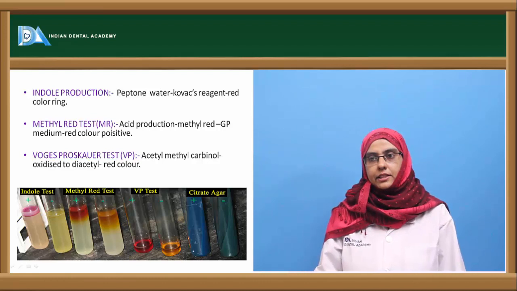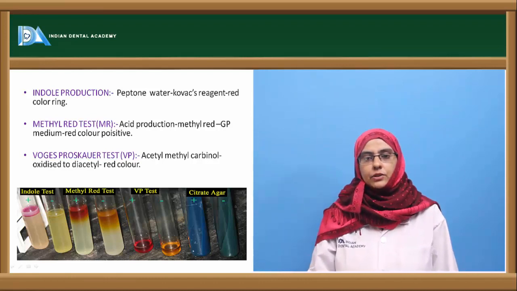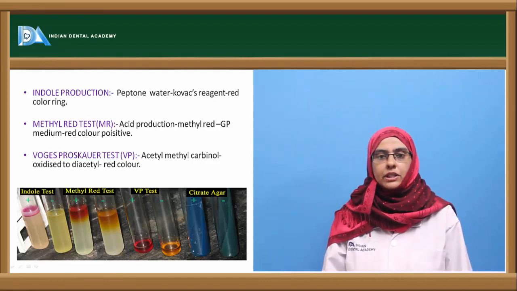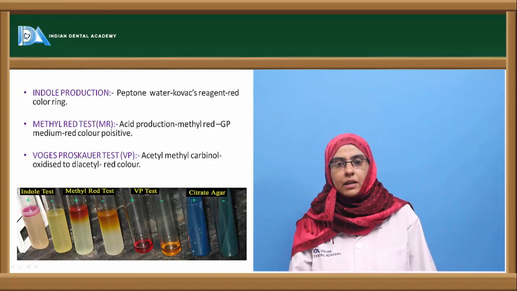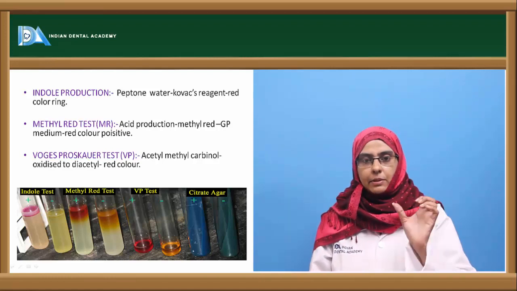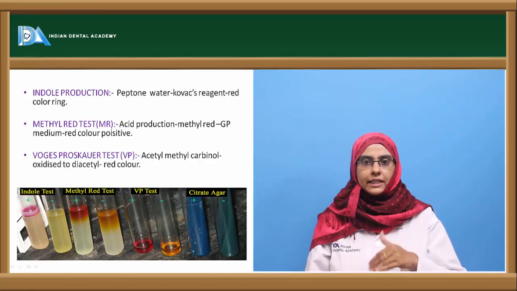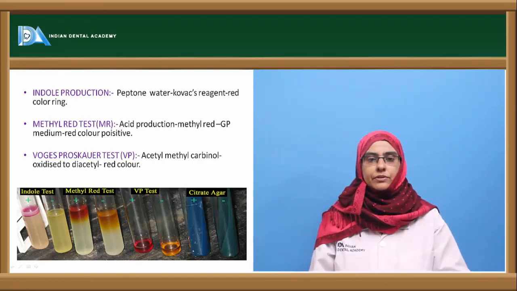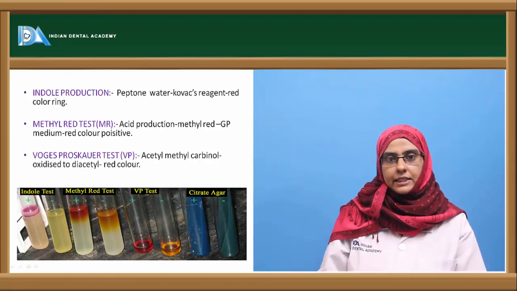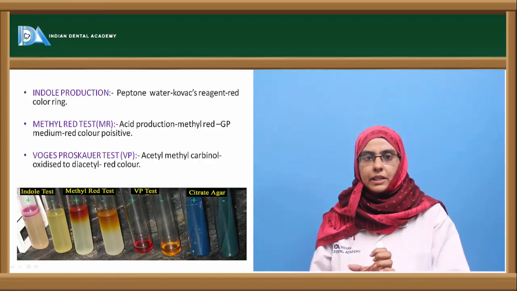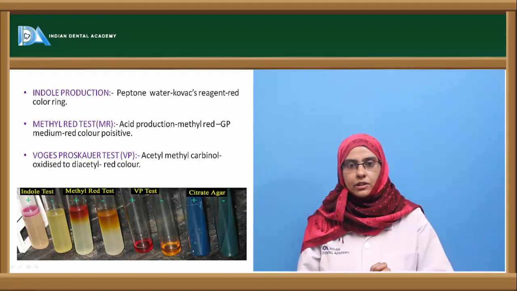Next test is the Voges-Proskauer test that is used to identify organisms that produce acetyl methyl carbinol from pyruvic acid. It is an intermediate product formed by the organism and this can be oxidized to diacetyl in the presence of alkali and atmospheric oxygen, and the diacetyl reacts with the peptone of the medium, that is the glucose phosphate medium, ultimately changing the color to red.